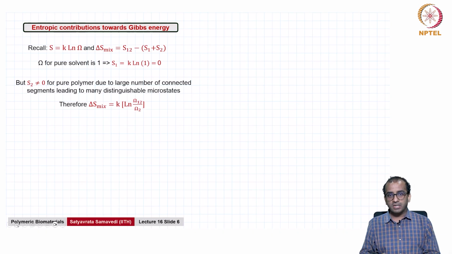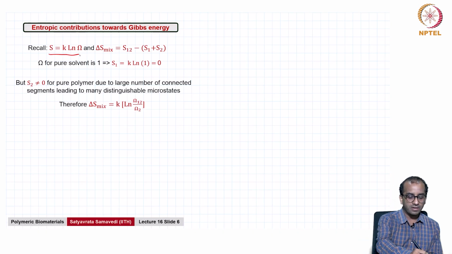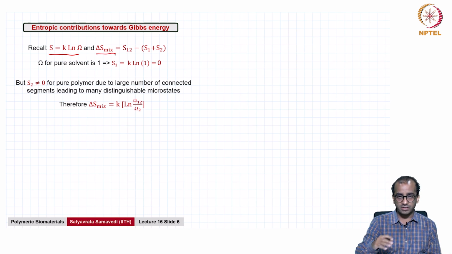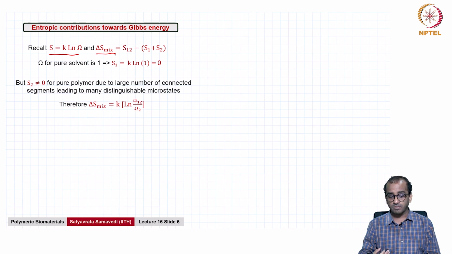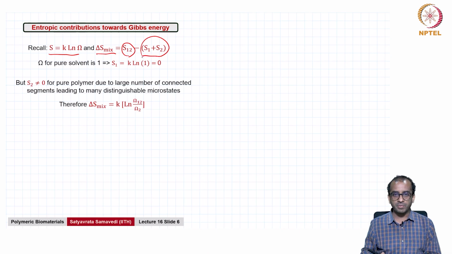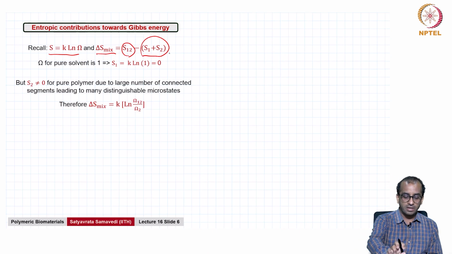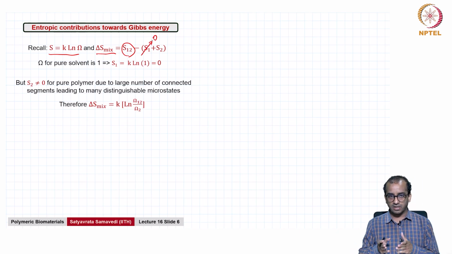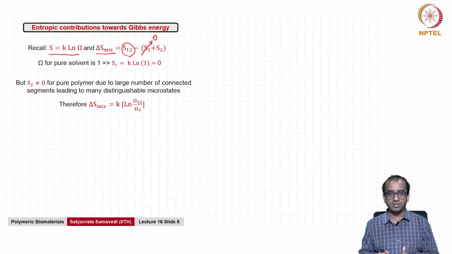So, now if you look at the entropic contributions towards free energy of mixing, we recall that S is given by the Boltzmann equation, and delta S mix, which is the entropy change associated with mixing, is given by the entropy after mixing in the mixed state minus the sum of entropies in the pure state for the solvent and the polymer. Now, right away you can note that this term is going to go to 0, because in the pure state all the black balls in the solvent can be arranged only in one unique way.